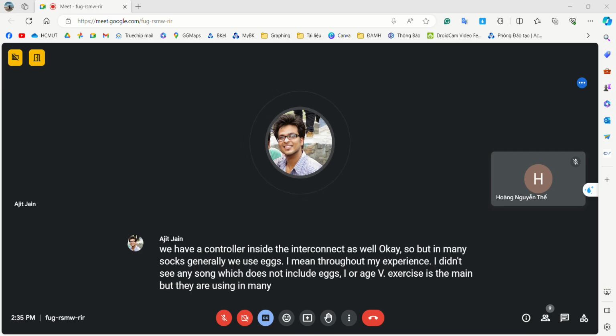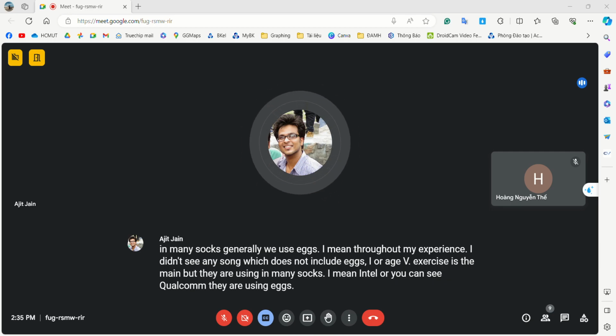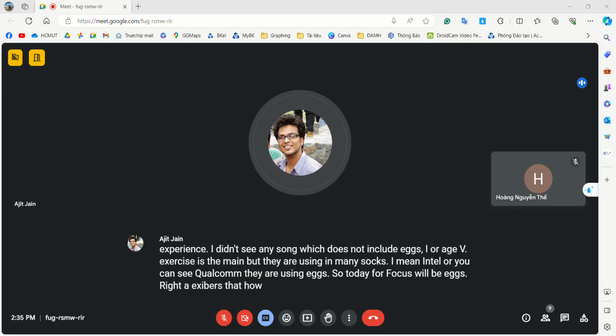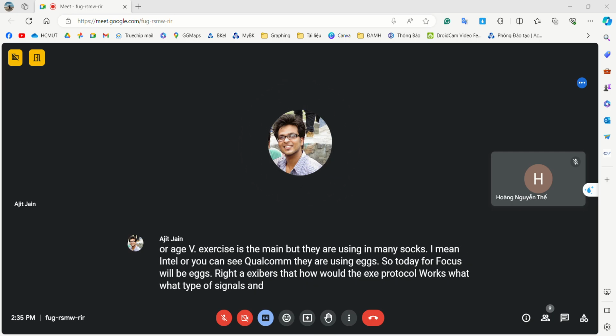I mean, Intel or Qualcomm, they are using AXI. So today the focus will be the AXI bus: how the AXI protocol works, what types of signals there are, and why we use it. So I will share my screen. Let me know once you see it.